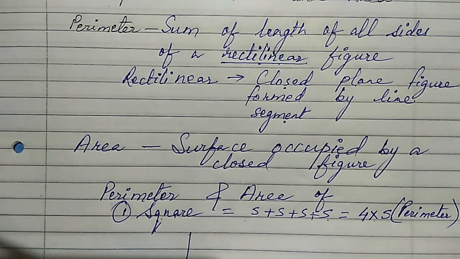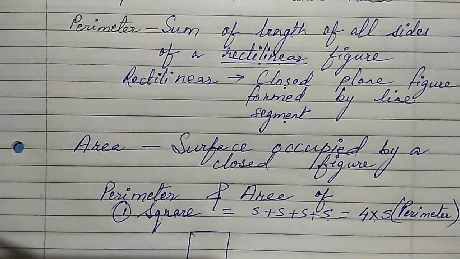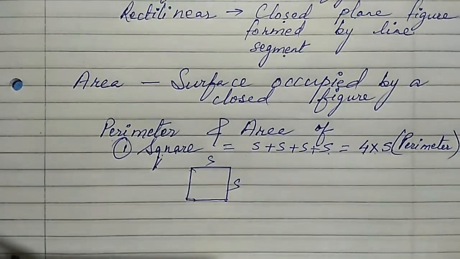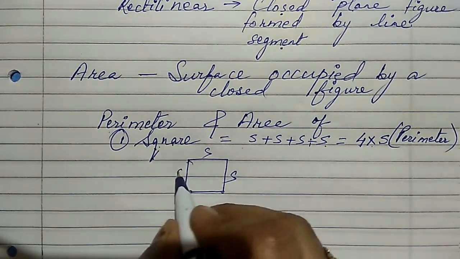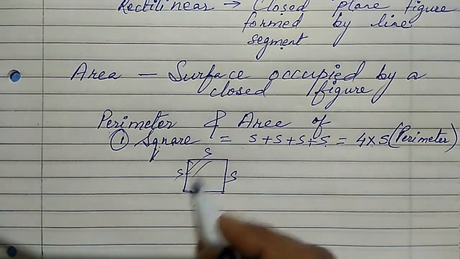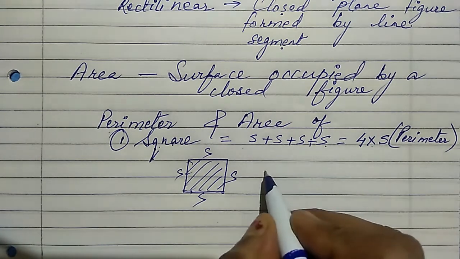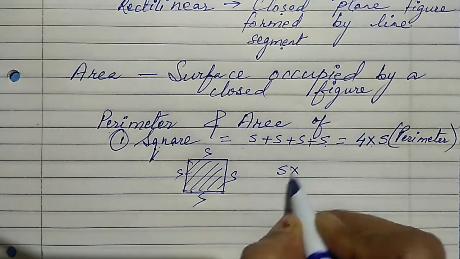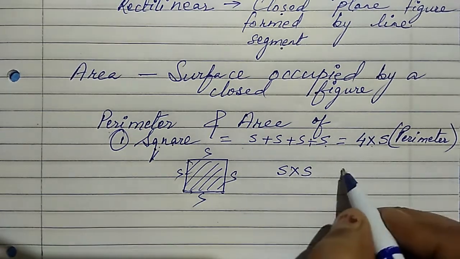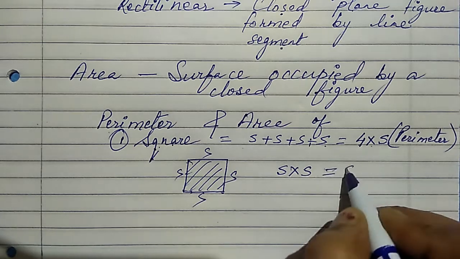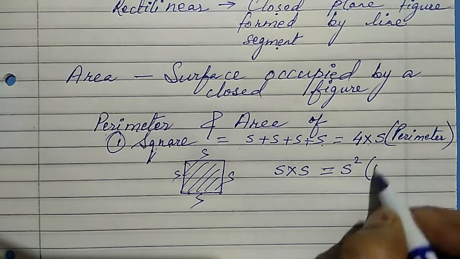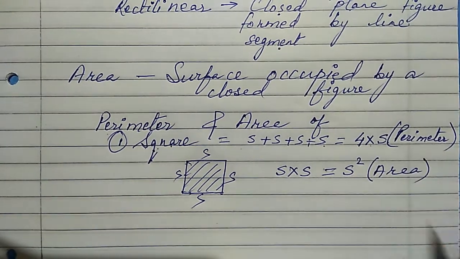I know that a square is having all the sides equal. So I want to find the area, that is the space, the surface occupied by the closed figure, and it is side multiplied by side. Now this becomes S square. This is about the area of a square.